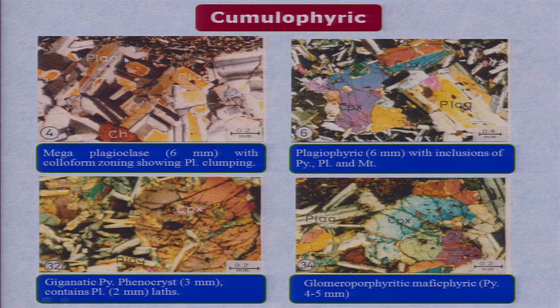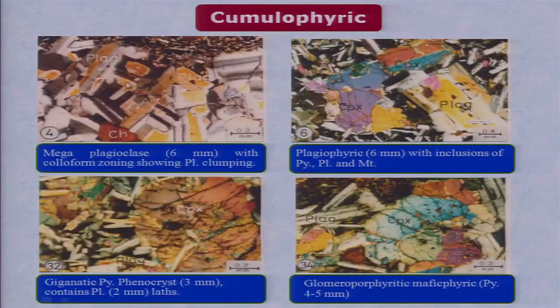Its length is almost 6 millimeter, with coliform zoning. This shows coliform zoning, showing plagioclase clumping. Clumping means so many phenocrysts of plagioclase are clubbed together and settled at one place. So, we call it clumping of the mega plagioclase at one place.